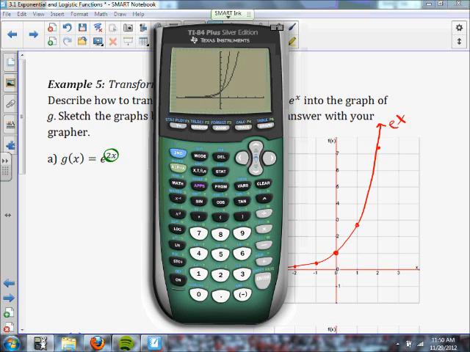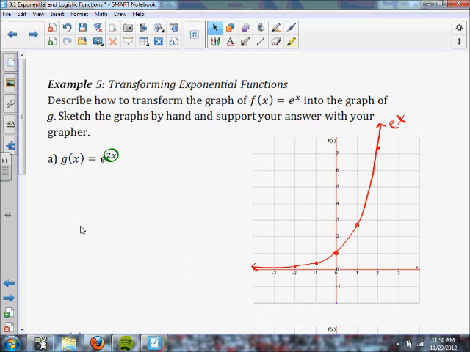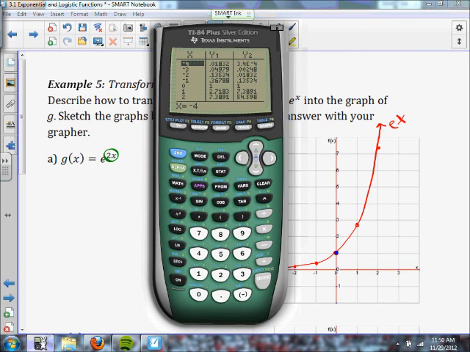Okay, what do you notice around here? Well, it's a little bit below, and then it's going to jump up real quick. Well, if we look at these here, it's still going to have the same initial value, right? 0, 1. But what do you notice when x is 1 here? What do you notice about the value here?